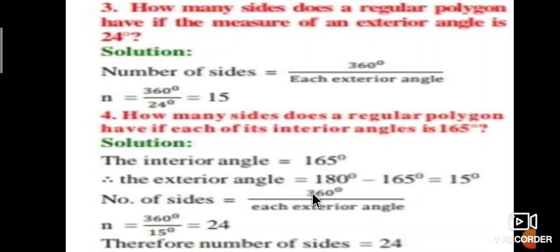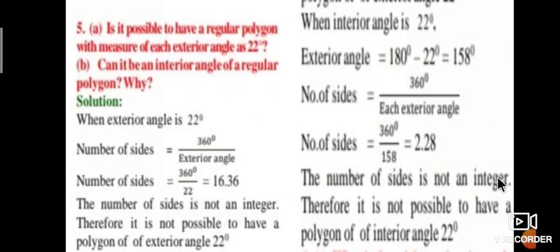Therefore the number of sides is equal to 360 divided by each exterior angle, n is equal to 360 divided by 15 degrees, that is 24. Therefore the number of sides is equal to 24.